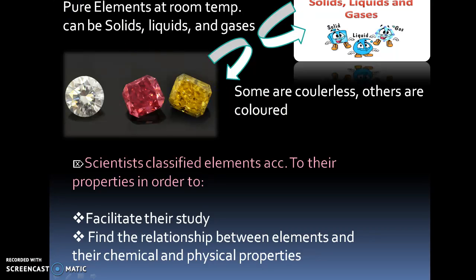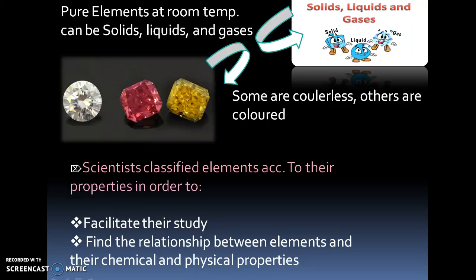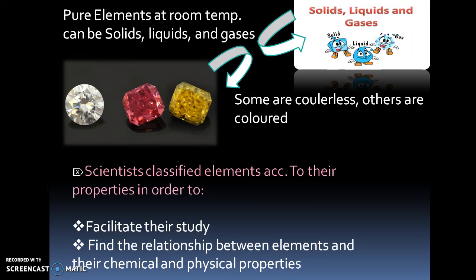And some are colorless, others are colored. So, scientists classified elements according to their properties in order to facilitate their study and to find the relationship between elements and their chemical and physical properties.